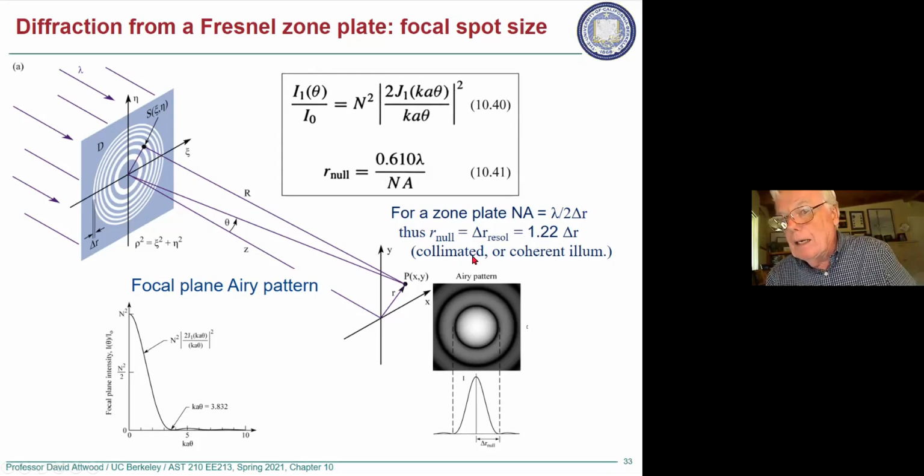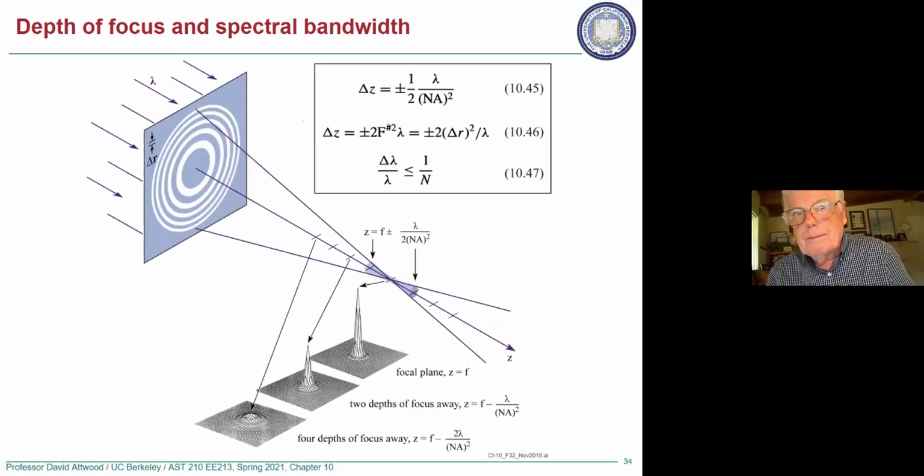And again, that's for collimated radiation. I'll show you a trick shortly that gets you to better spatial resolution, not using coherent illumination. So this is a case where you could have too much coherence. A little less coherence would get you a little bit better imaging results.